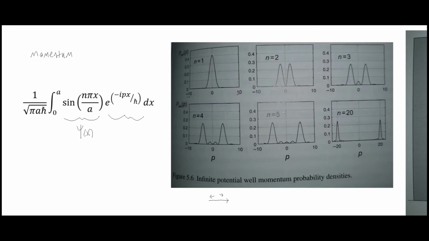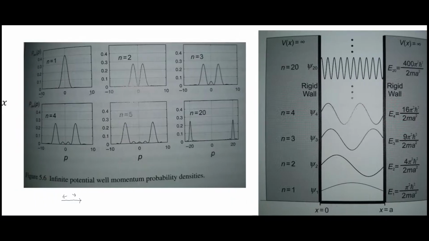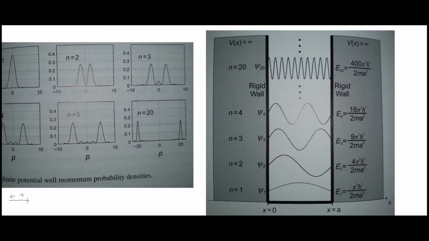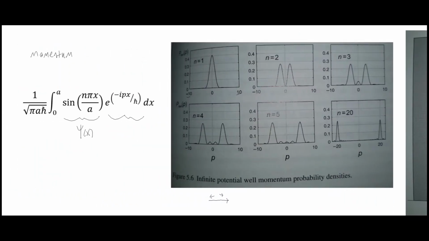I think it's more informative to just look at the graphical representation of the solutions. If you're interested in the solution, then A Student's Guide to the Schrodinger Equation is where I got all of this from, and it does show the solution to this.